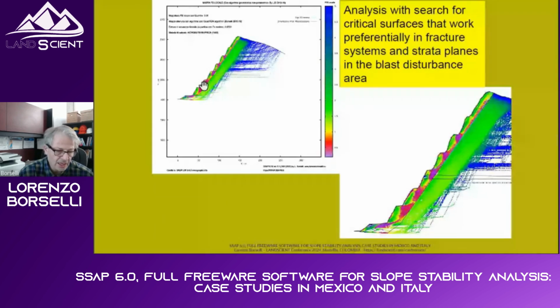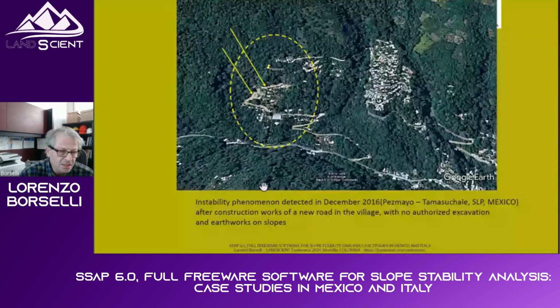Another case application is an instability phenomenon in a rural area of Mexico, in Huasteca Potosina, where unauthorized excavation earthwork was performed on a very steep slope in Pesmayo area, Tamazunchale, San Luis Potosí.